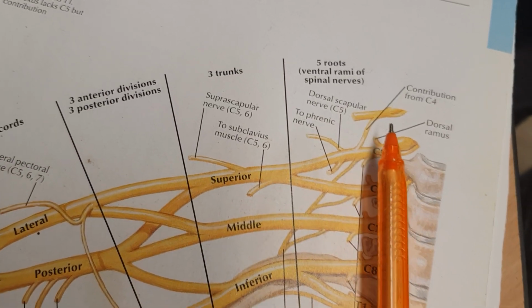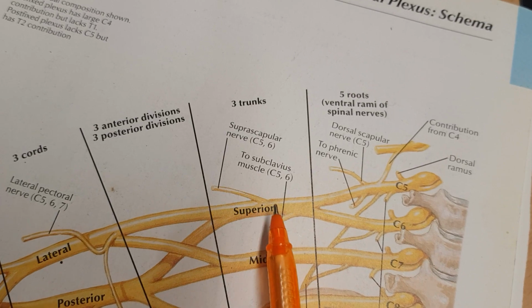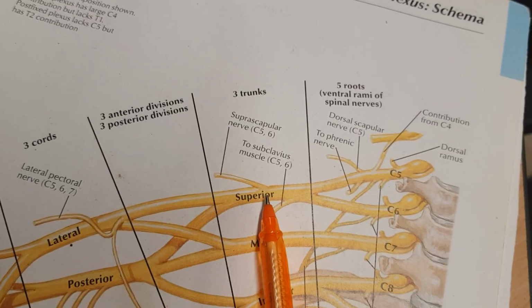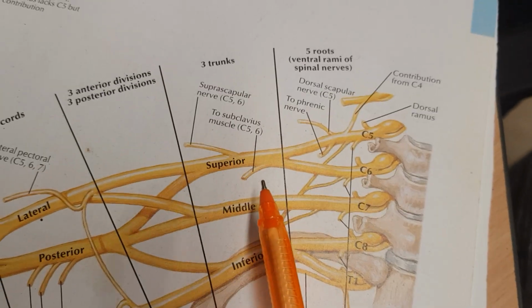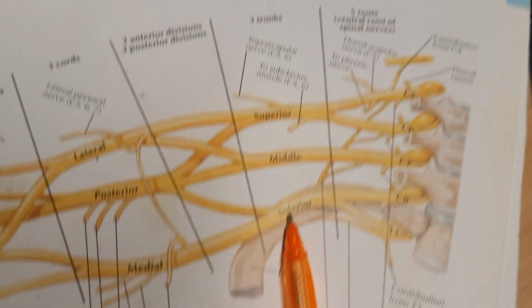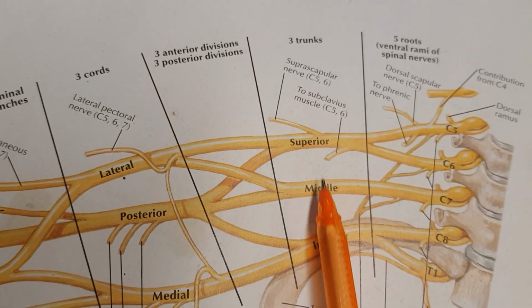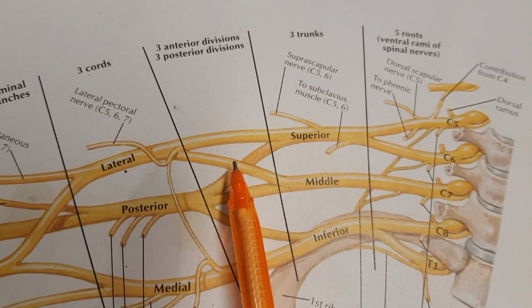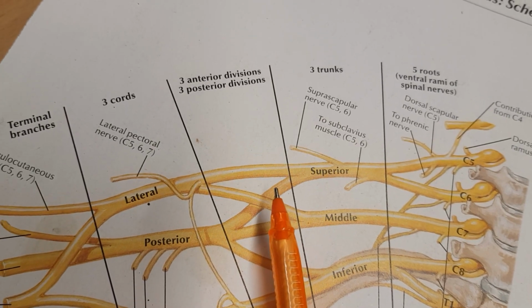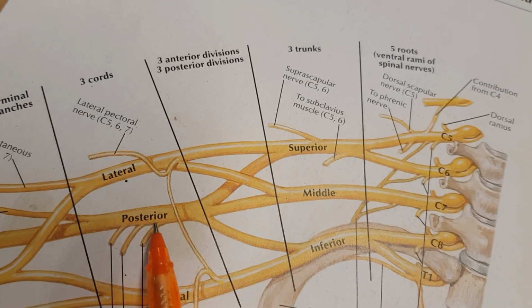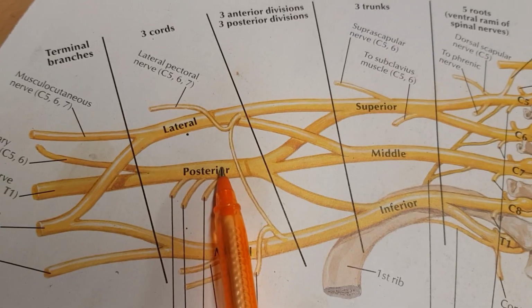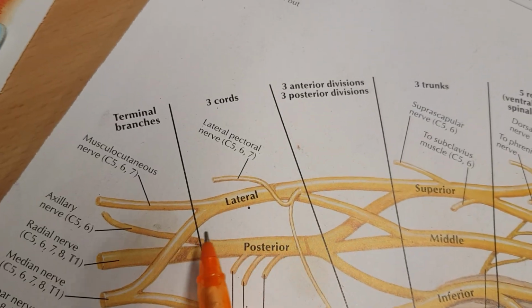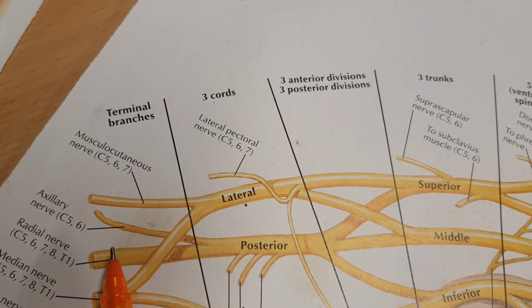And then these roots will combine and become trunks. We have 3 trunks: superior, middle, and inferior. Then the same 3 trunks will separate into 6 divisions. The 6 divisions will combine again to make 3 cords. Then the cords will further divide into terminal branches.